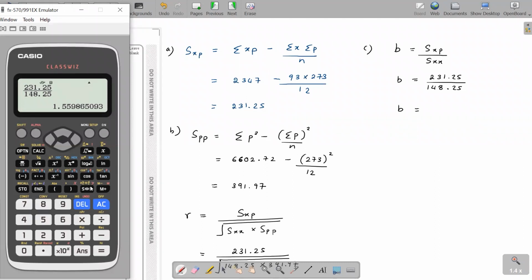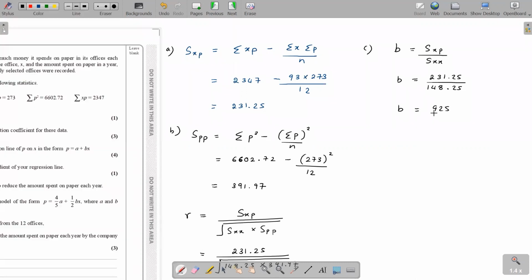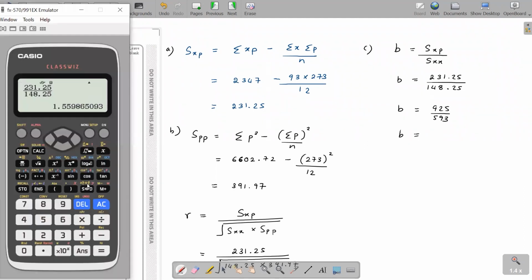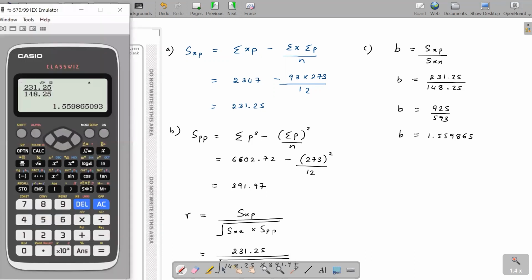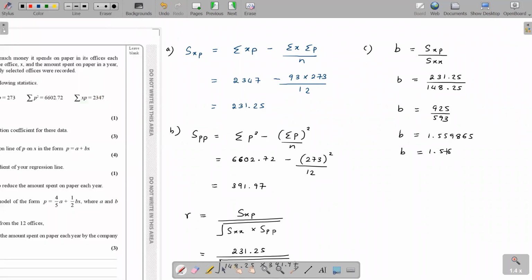First, I'll write my fraction 925 over 593, which gives me B equals the decimal figure 1.559865. So basically, this is the full answer. It's better that we have the exact answer as well to help us. So the B value to 3SF is 1.56.